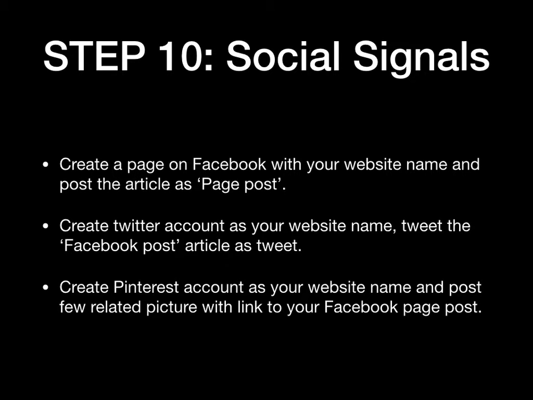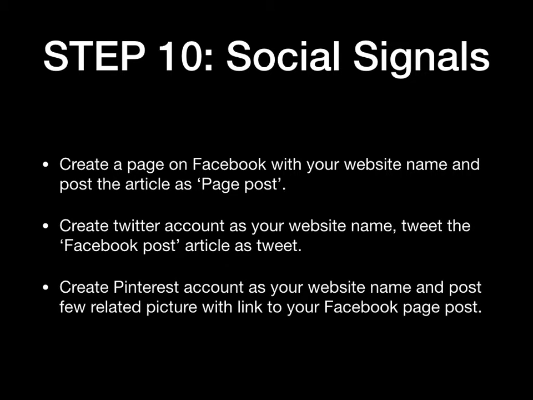Now this is important. Make sure you tweet the Facebook post article, not your blog post or the Weebly post. You need to tweet the Facebook post article. This is like making everything look natural, the way actual users do it. All right. Now create a Pinterest account as your website name again, and post a few related pictures with a link to your Facebook post page.